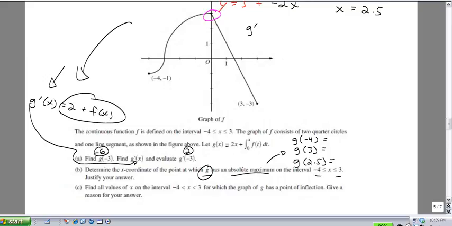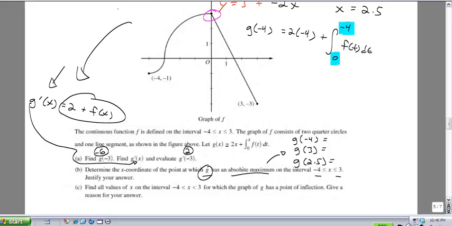Okay, g of negative 4 equals 2 times negative 4 plus the integral from 0 to negative 4 of f of t dt. Oh, that's weird, I'm integrating left to right. If you didn't catch that, I was commenting that you're going from 0 to negative 4. That's right to left.